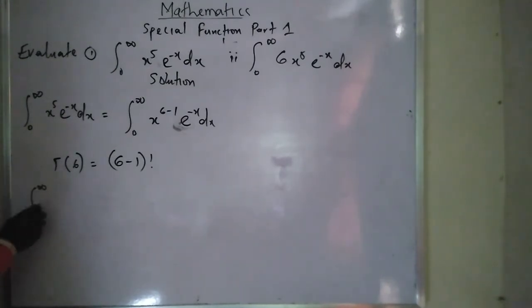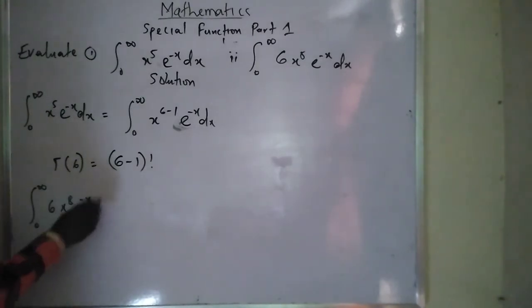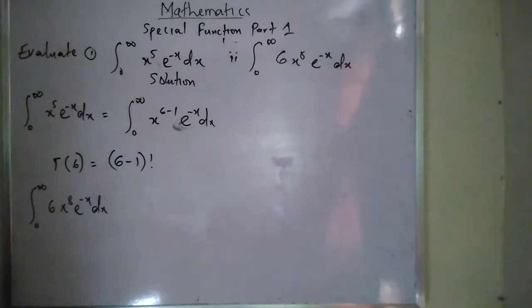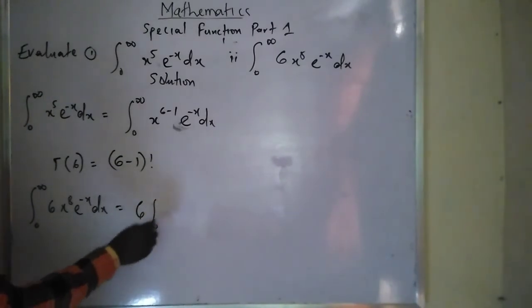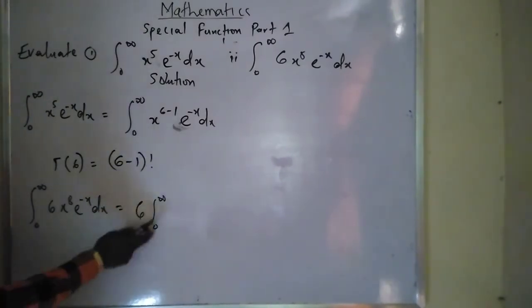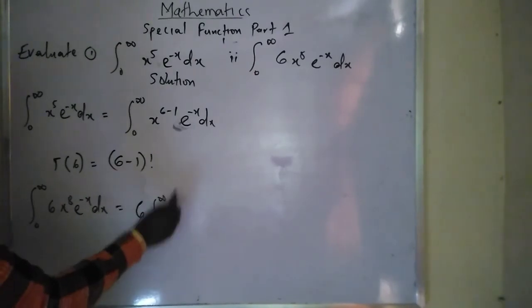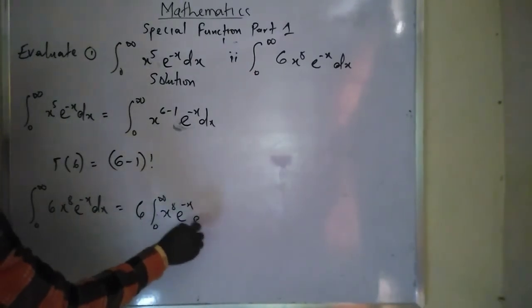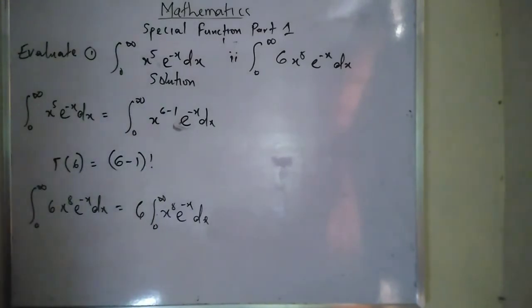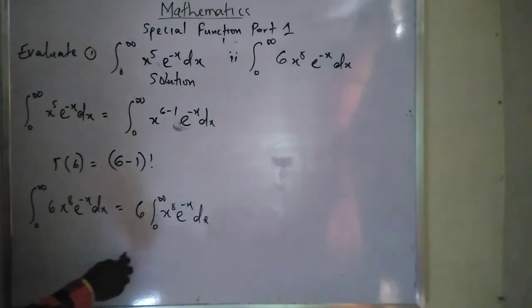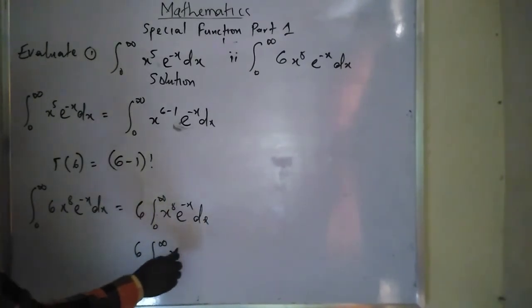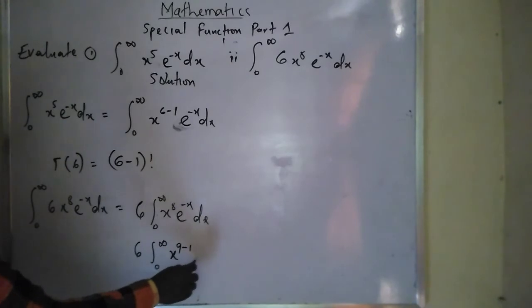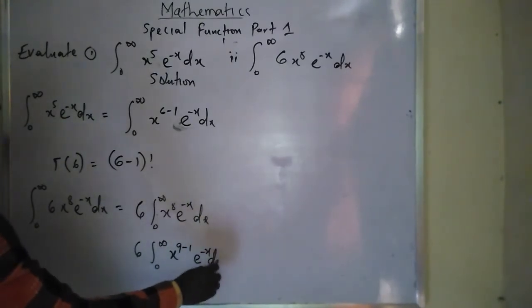Another one, the second one, I have the integral from 0 to infinity of 6 x to the power 8, e to the power minus x dx. Since I have this, I can write it as 6 times the integral from 0 to infinity of x raised to the power 9 minus 1, e to the power minus x dx.